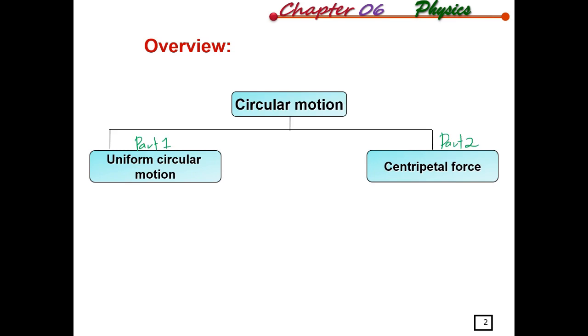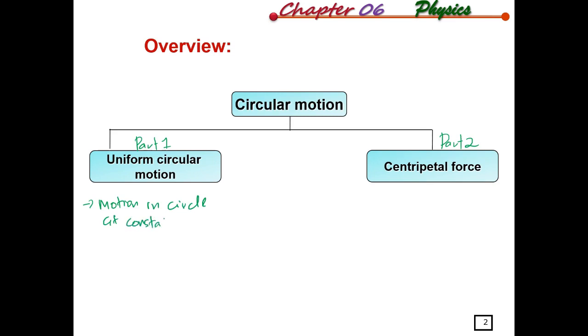So what is uniform circular motion? Uniform circular motion is a motion in a circle at a constant speed.